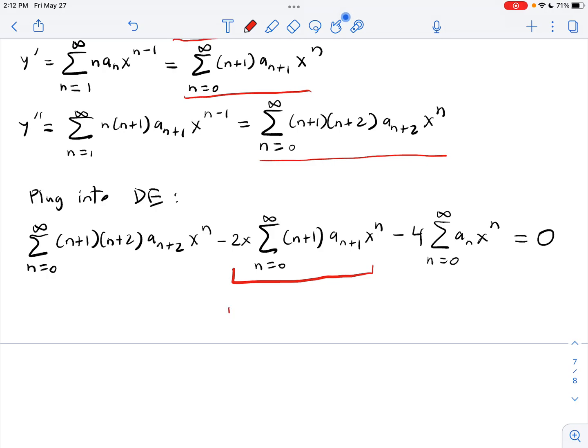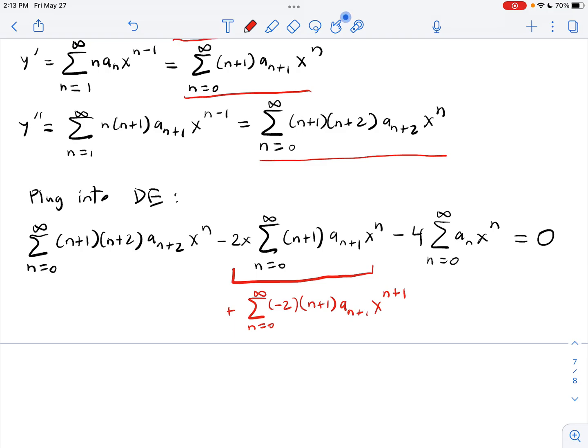This gives me, I'm going to put my negative 2 inside there. Then I have an n plus 1. Then I have an a n plus 1. But now I have x to the n plus 1, right? Because x got multiplied in. And so I now need to re-index again, don't I?